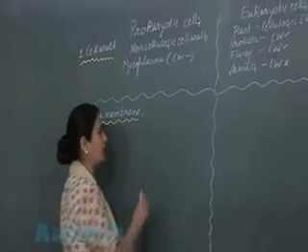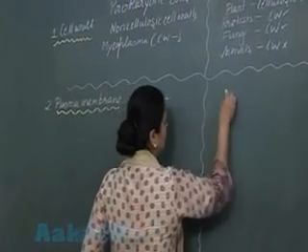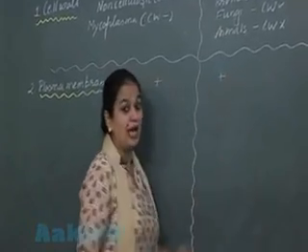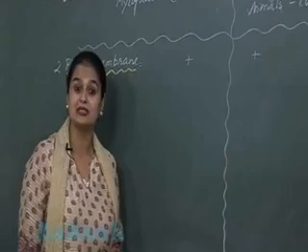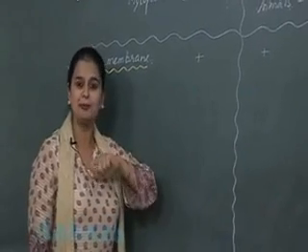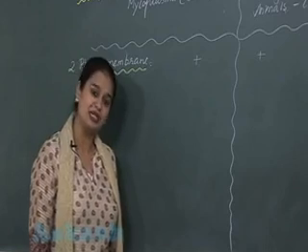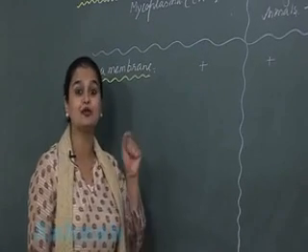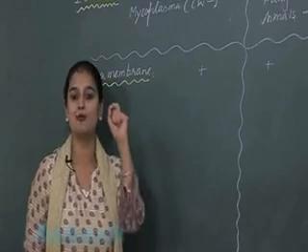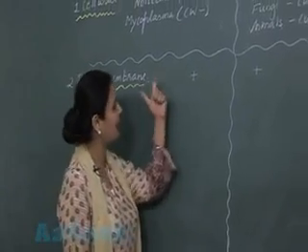Whether it is a prokaryotic cell or a eukaryotic cell, the plasma membrane is present in both of them, and it is very well known to all of you that the plasma membrane consists of lipid bilayer, and along with that there is presence of proteins.